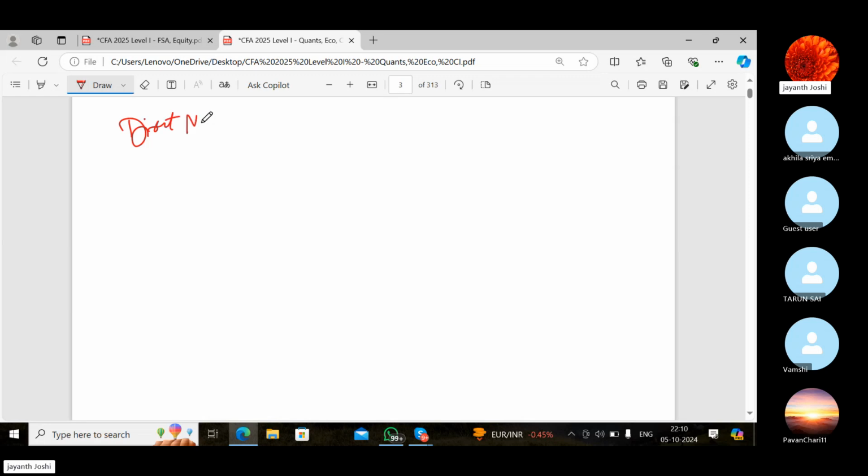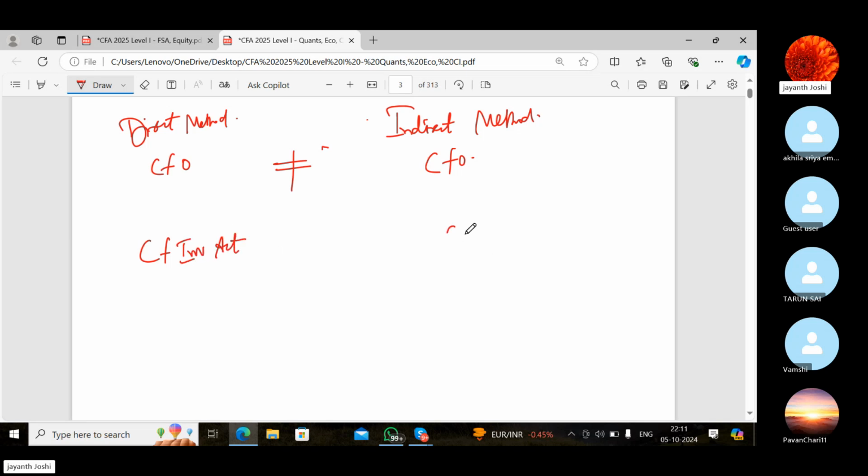Direct method, indirect method. Fine. In the direct method and indirect method, cash flow from operations is not equal. But cash flow from investing activities is equal. Cash flow from financing activities, both are equal.